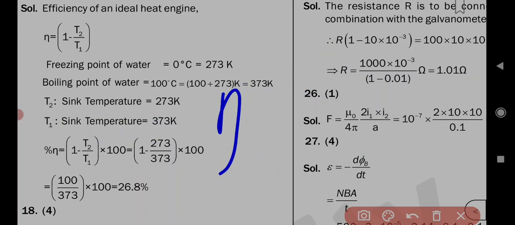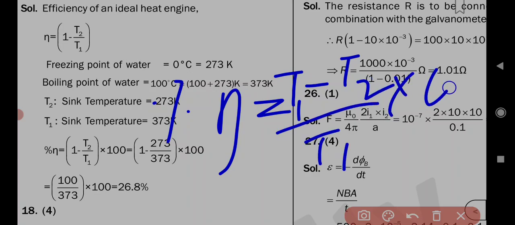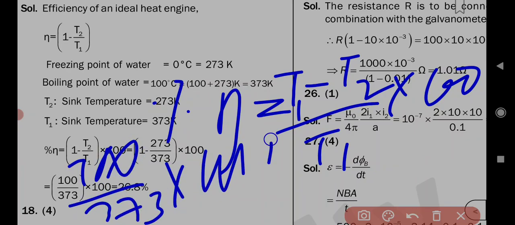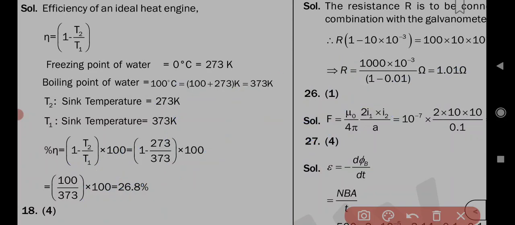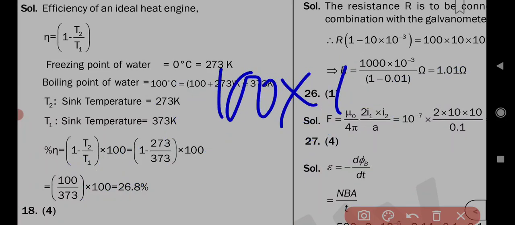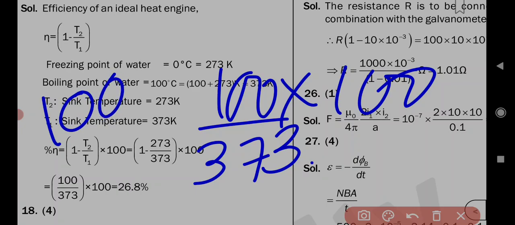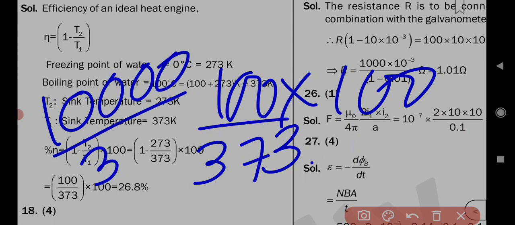They are asking for percentage efficiency. So it is 1 minus T2 by T1, into 100. That is (373 minus 273) by 373, into 100. So 100 into 100 for the percentage gives 10000 by 373.